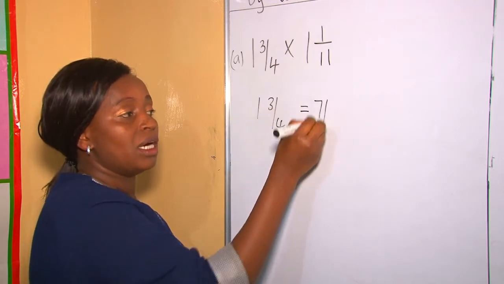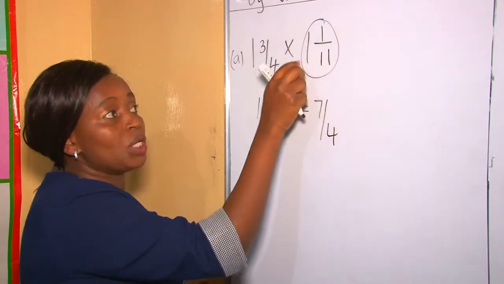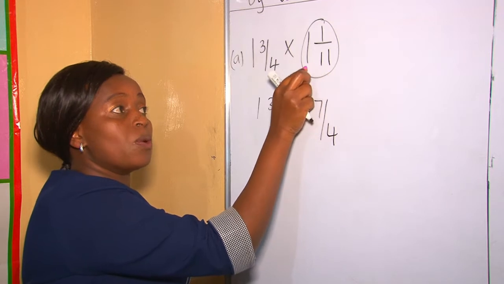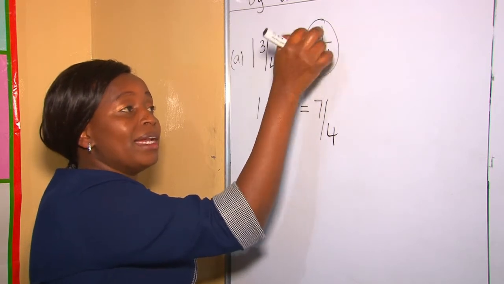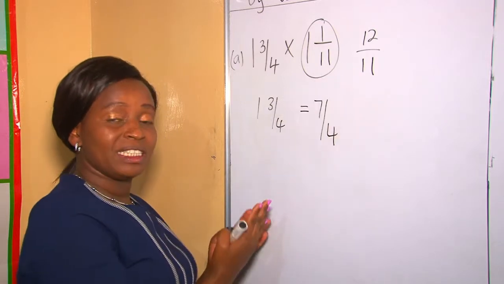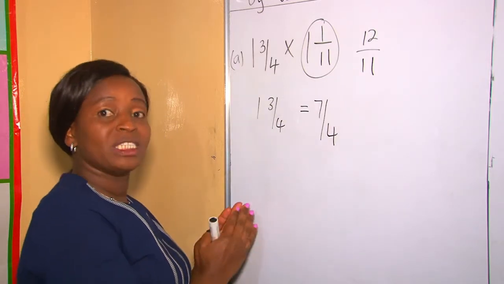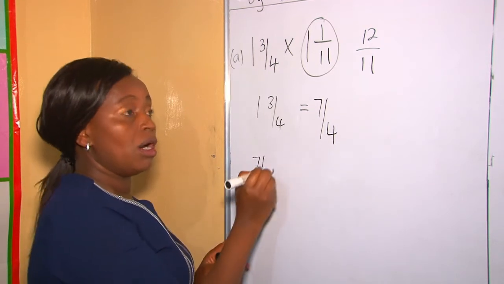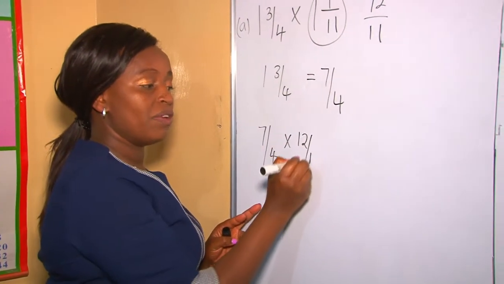So 7 over 4. Also, let's change the other mixed fraction into an improper fraction. 11 times 1 is 11, plus 1, it's 12 over 11. Once we convert them into improper fractions, now we start doing multiplication. So it is 7 over 4 multiplied by 12 over 11.